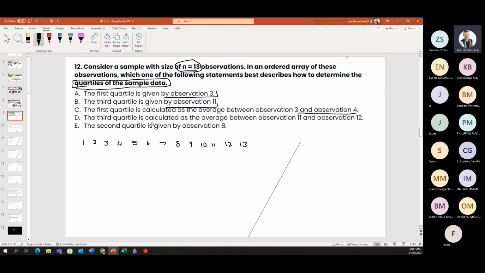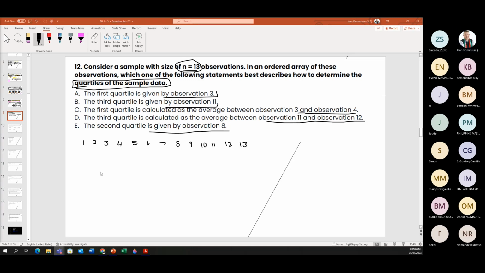The third quartile is calculated as the average between 11 and 14. The second quartile is given by observation 8. So let's look at this and see what the options are, or what is the best.